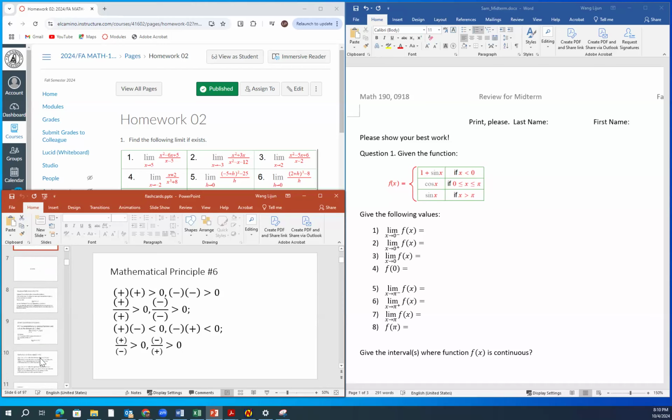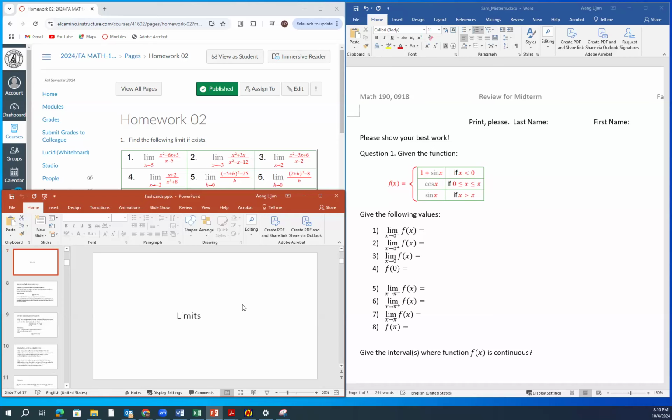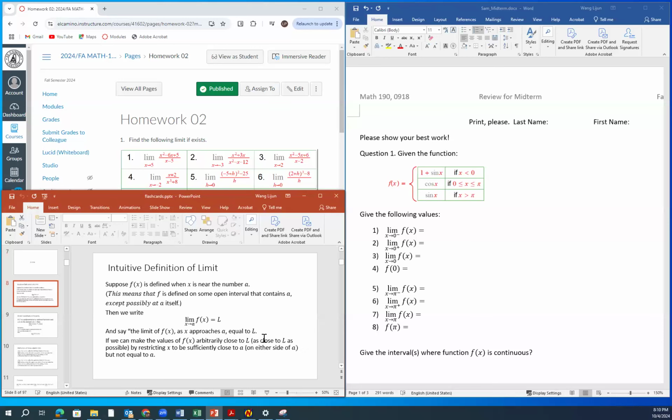Okay, so now the first thing, the concept of limits. Limits is the first important concept of this course. Of course, you need to know the definition and how we apply the definition.